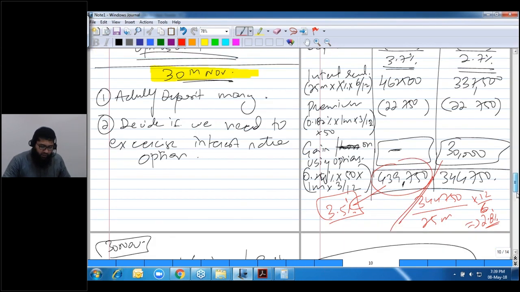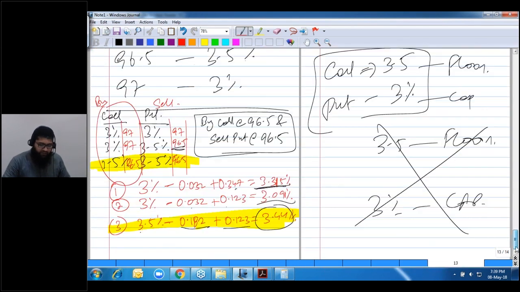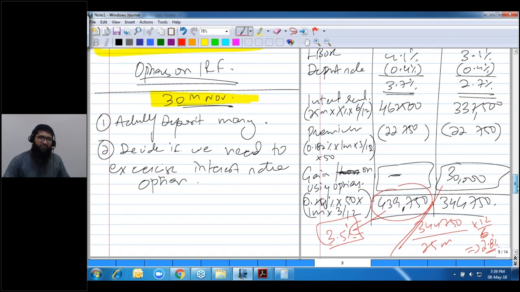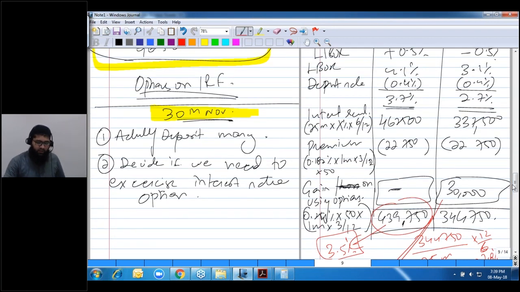So you see, in case we exercise the option, we get 2.8%. If we don't exercise the option, we might end up getting 3.5%. But if we create an interest rate collar, we end up getting 3.44%. So it's better to have an interest rate collar where you can go for 3.44%.